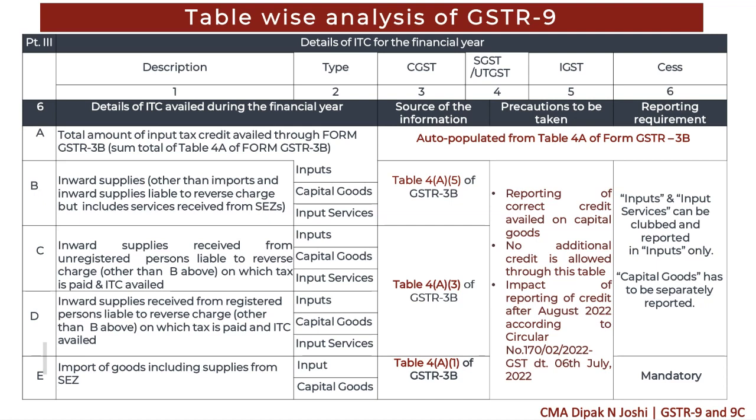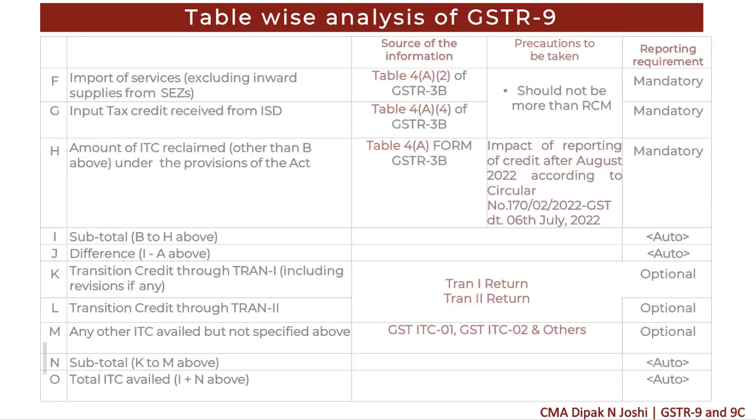So in table 6B, you report the credit which is availed on B2B transactions. In table 6C and 6D, you provide the information of credit availed on inward supply which is subject to reverse charge mechanism. In table 6E, you provide the information of import of goods, including supplies received from SEZ.